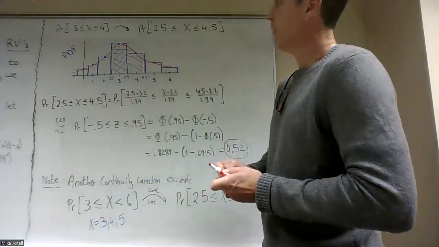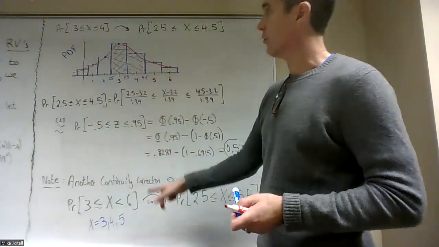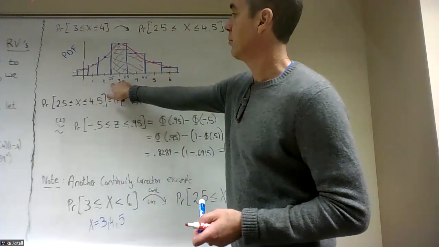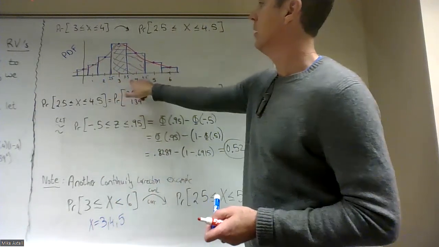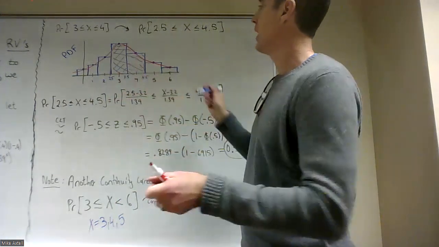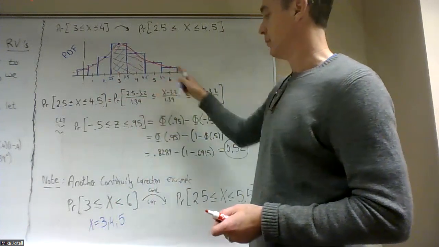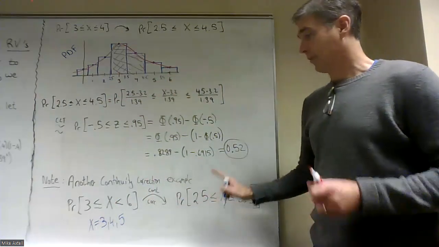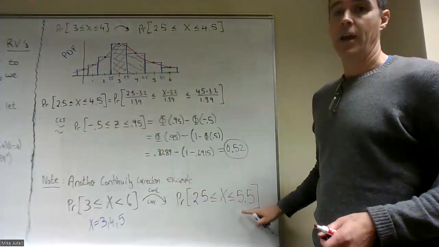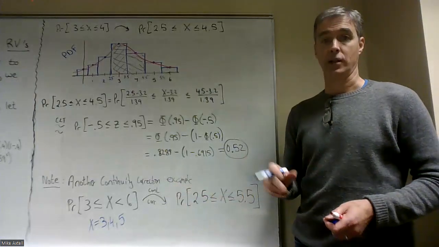All right, well, if we look back up here, if I want x values of 3, 4, or 5, I'd need to start at 2.5. So 2.5 to 3.5 would give me the probability of 3. 3.5 to 4.5 would give me the probability of 4. And 4.5 to 5.5 would give me the probability of 5. And I would stop there. So I'm going to use a continuity correction to move to 2.5 to 5.5. And then replace x with its normal variable approximation.